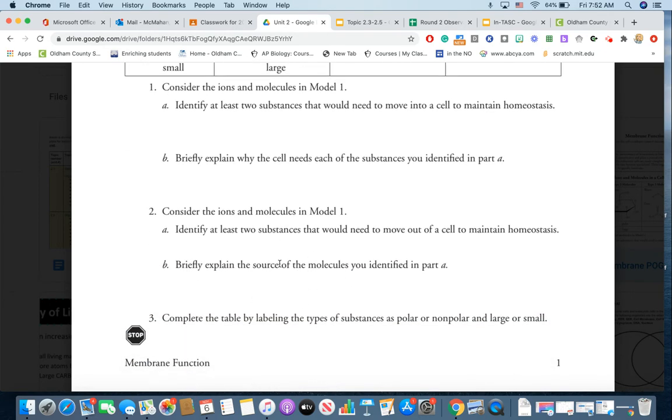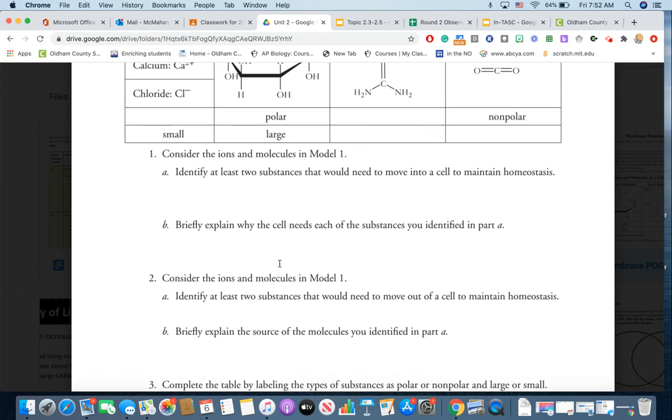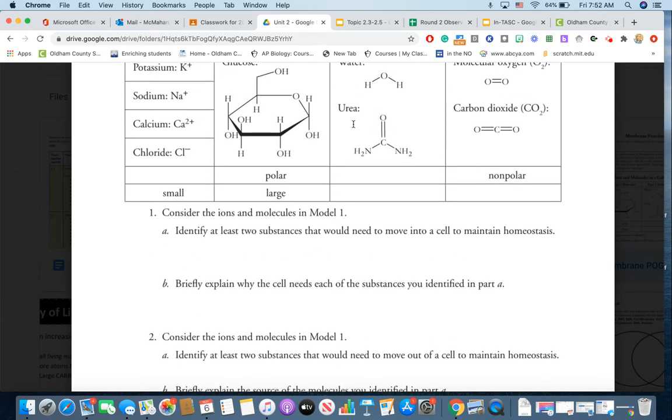In number 2, it says, well, what needs to leave? So think about the things that are waste products that need to get out of the cell. So things like CO2. And maybe you said urea because you're thinking urea, urine. I know we purge that from our system.